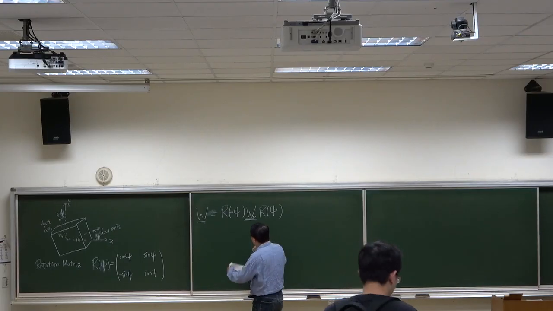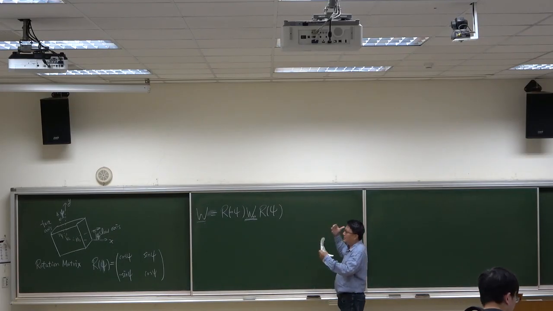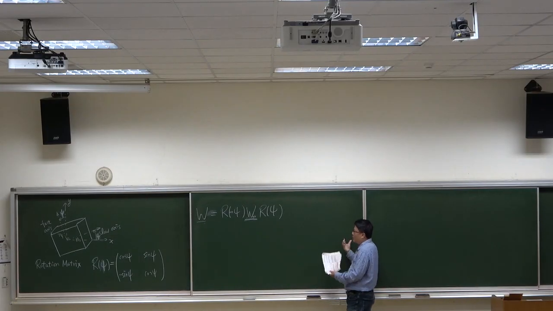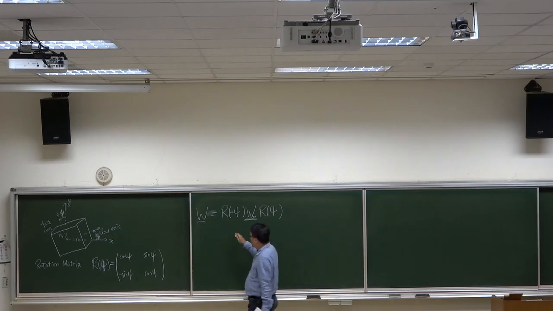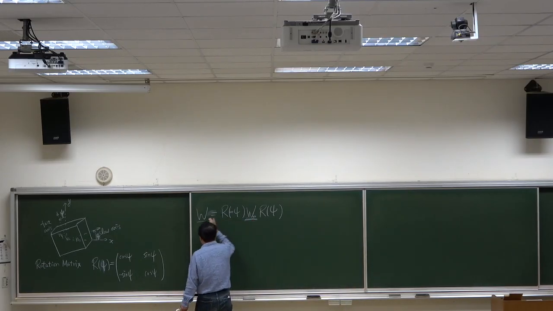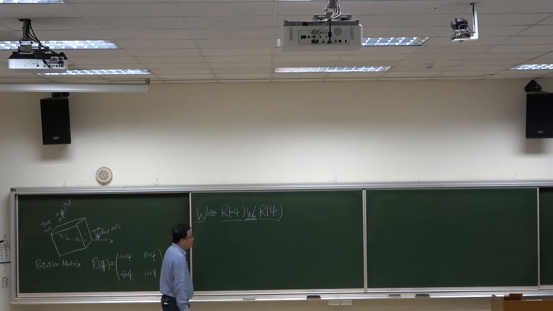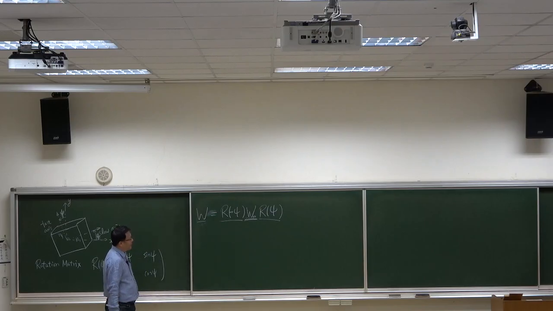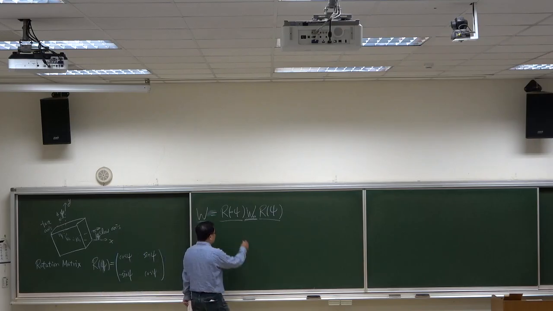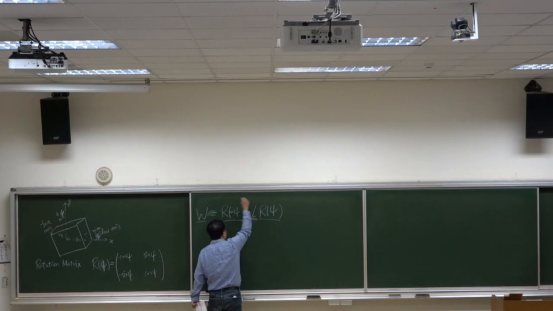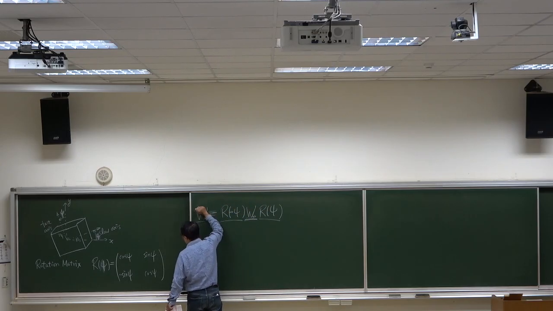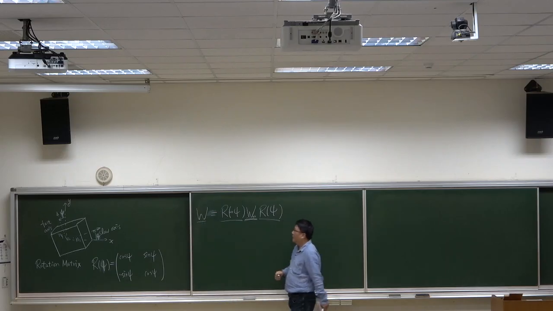Okay. However, if we want to translate the expression from the crystal frame to the lab frame, then we must consider these two rotation matrices to change the expression from the crystal frame to the lab frame.